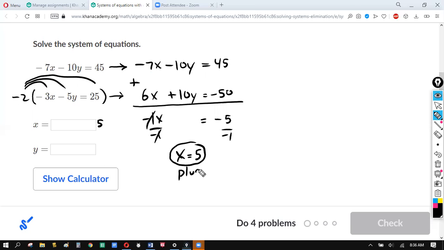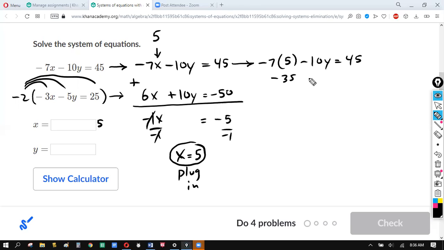And we also plug it in, right? So I'm going to use this equation again, and I'm going to take my 5 and put it in right here. I'm using this equation because I didn't really multiply it by anything, so I figured I'd just use it again. Negative 7 times 5. We're plugging in 5 in place of x. Minus 10y equals 45.